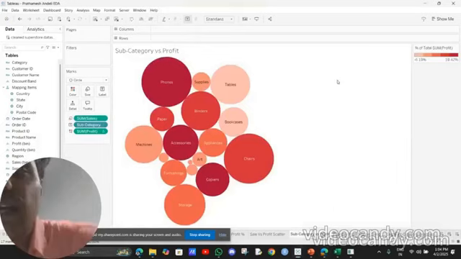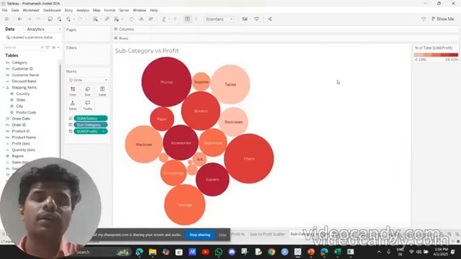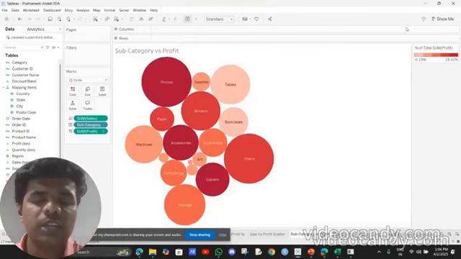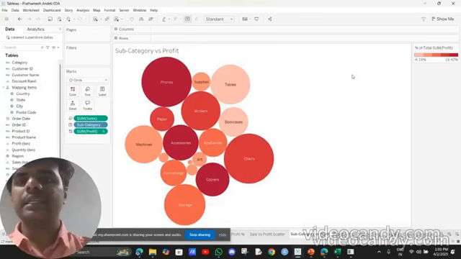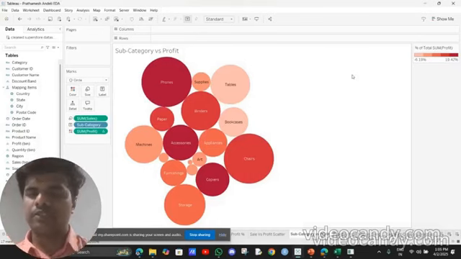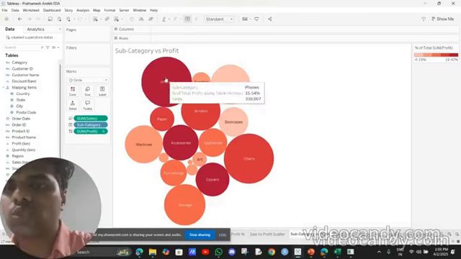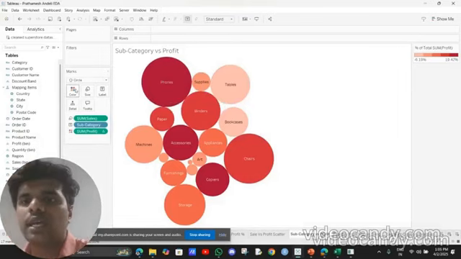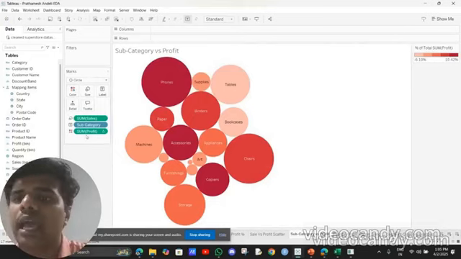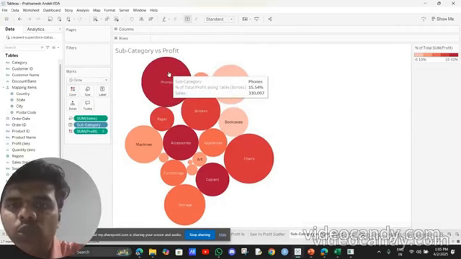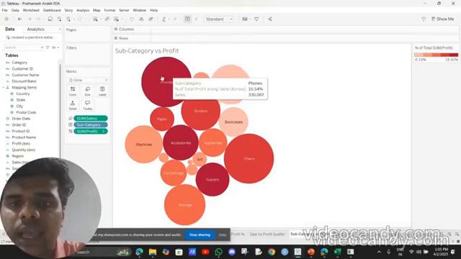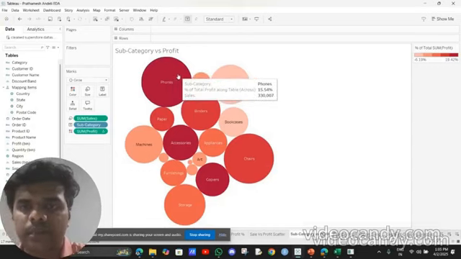Here this is a filled bubble plot. By this we are showing which subcategory is more profitable and which is less profitable by the colors. We have added the profit in the colors, and the subcategories in the sizes, and we have added the profit in the tooltip. So we can see the sales and profit in the tooltip whenever I hover my cursor over a bubble.